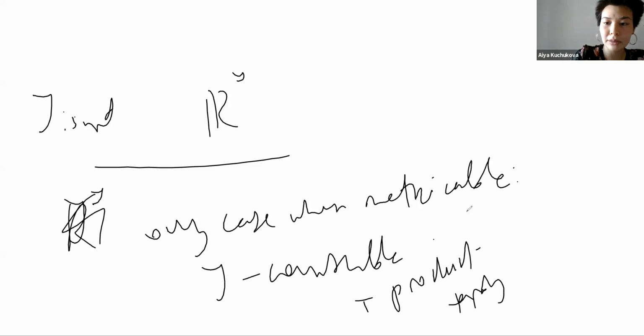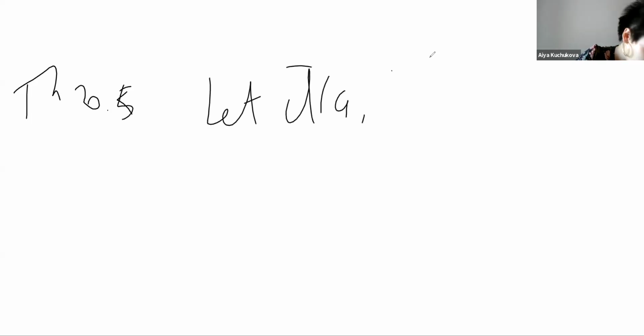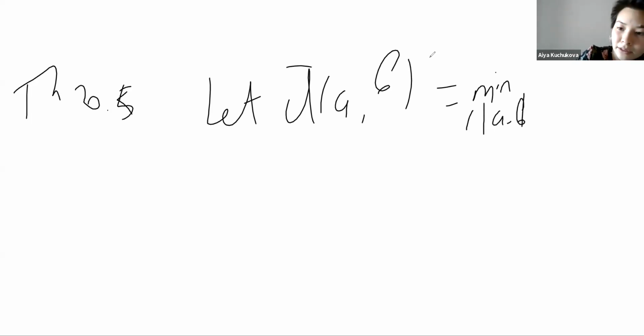And now we'll come to theorem 20.5. We actually have just a little bit left. I think we would even finish earlier than in an hour. Okay, so theorem 20.5 tells us: let d bar(a, b) equal the minimum of |a - b| and 1.